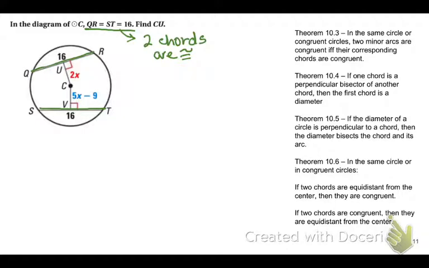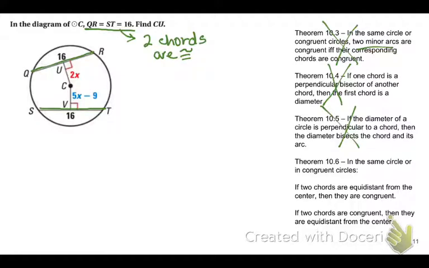So let's look through our list of theorems. Again, we're not talking about minor arcs, so we're not going to use that one. If one chord is a perpendicular bisector of another chord, that's not what we're working with. Theorem 10.5, if the diameter of a circle is perpendicular to a chord, I don't see any diameters in this problem, so we're not going to use 10.5.